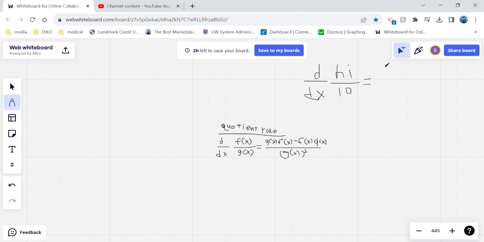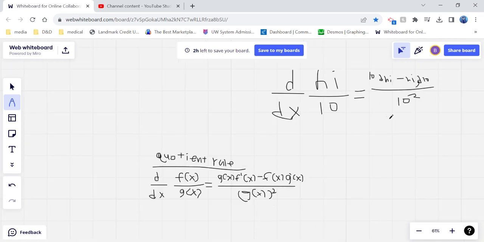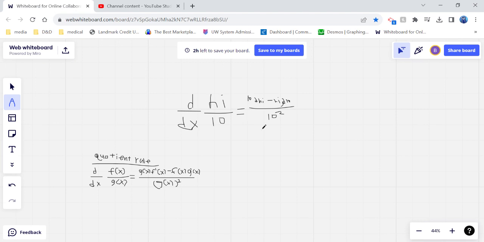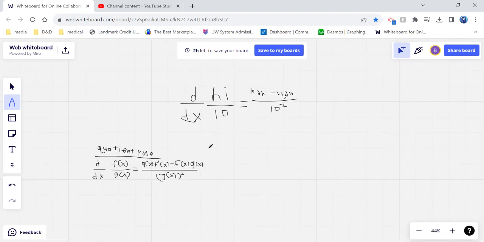And we say the derivative is low d high minus high d low over low squared. So low d high minus high d low over low squared. It has a nice little rhythm to it. And that's how we memorize it.